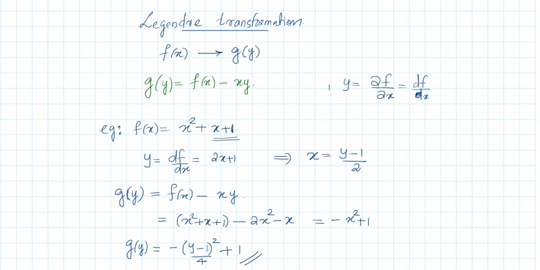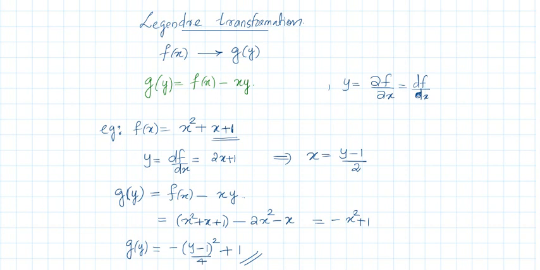This xy is the product of the variables that are interchanged. Okay, here you changed the variable x to y, so you have to subtract the product of those variables xy from the original function, to get the new function g of y. g of y equal to f of x minus xy.